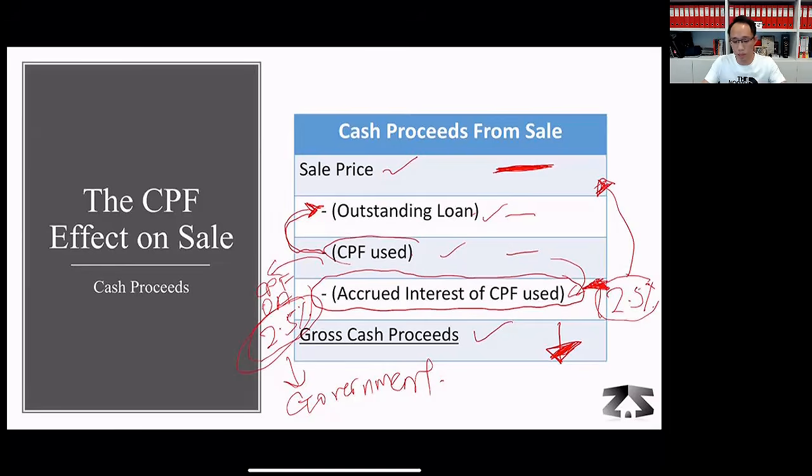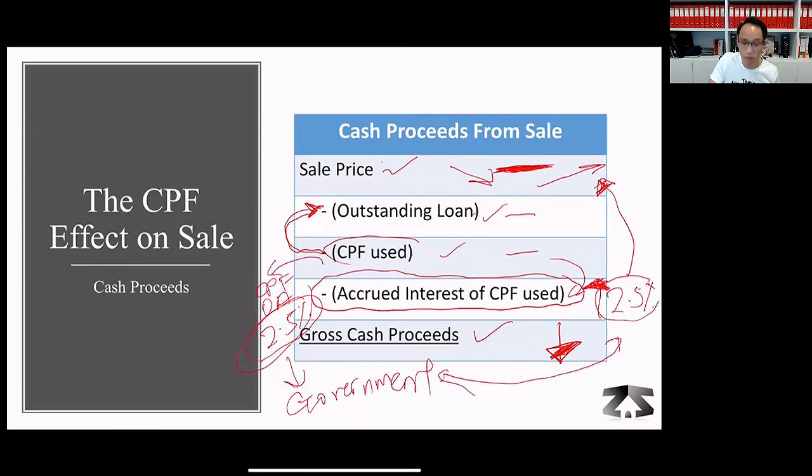So in other words, if I sum it up, it's very important to take note that the property that you have right now must be something that is at least staying constant or growing. It cannot be something that's depreciating, because if it's depreciating and you've been using a lot of CPF, you realize that it's very detrimental in terms of opportunity cost. Remember what I talked about just now?